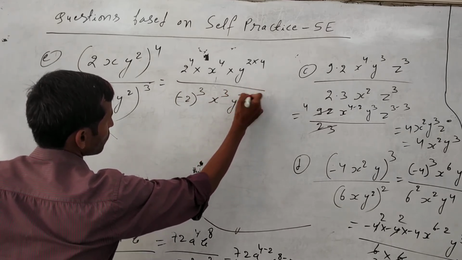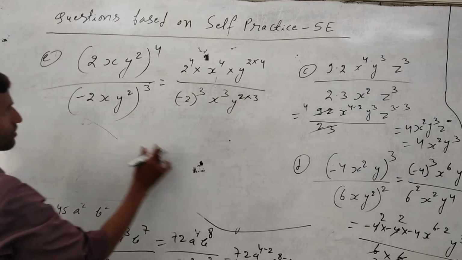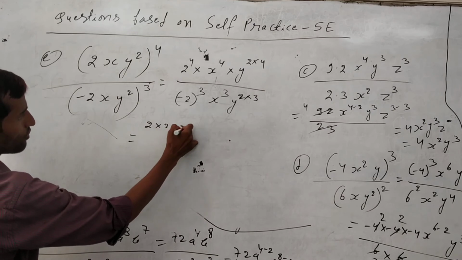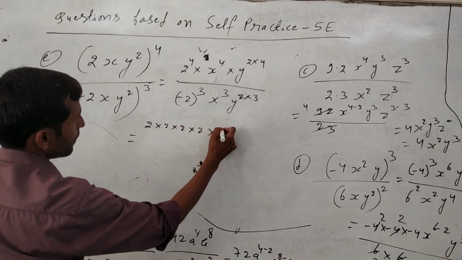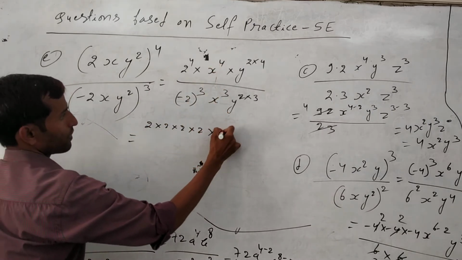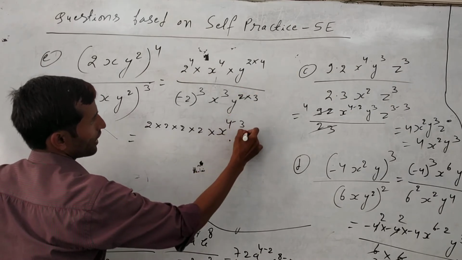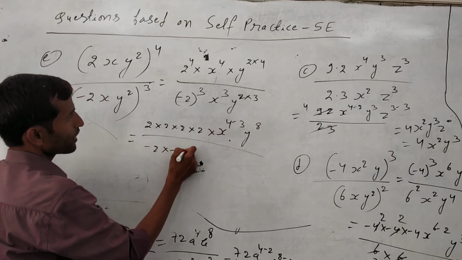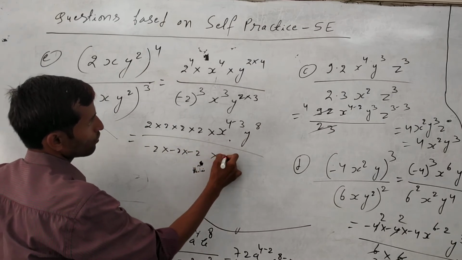Next, 2 power 4 means 2 into 2 into 2, 4 times. And the x power we will subtract here, x power 4 minus 3, and here y power 8 upon minus 2 into minus 2 into minus 2, 3 times, into y power 6.